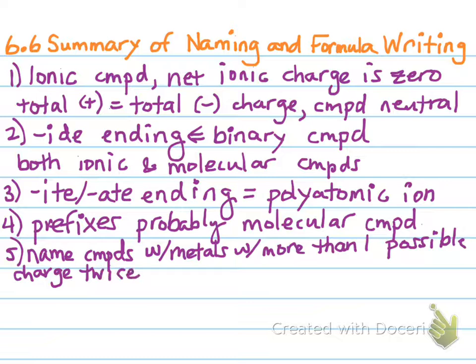And somehow that information has to be given to you. In the stock system, remember, you'll have a Roman numeral, and that Roman numeral is equal to the charge on the ion. With the classical system, you'll probably have to use your helper sheet because it's going to use that Latin root with either an "us" ending if it's the lower charged, or an "ic" ending if it's the higher charged of the 2 ions.